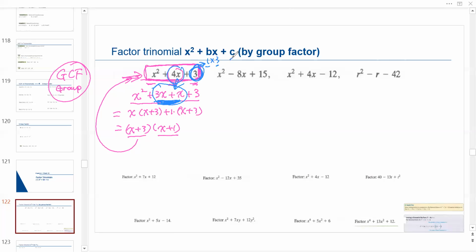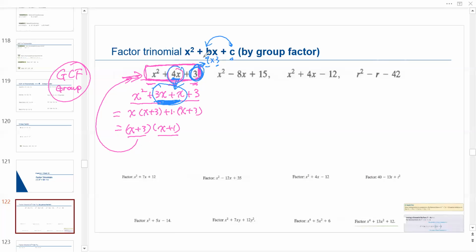You need to be careful about the relationship between c and b. Here c is 3, so it can be factored into 1 times 3.